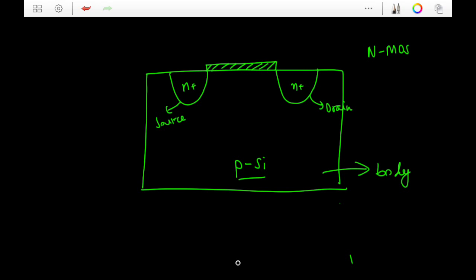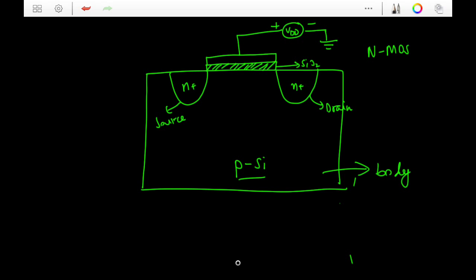This shaded region is your oxide layer of SiO2, and on top of it is your metal terminal, where you input some positive or negative voltage, let's name it VDD.